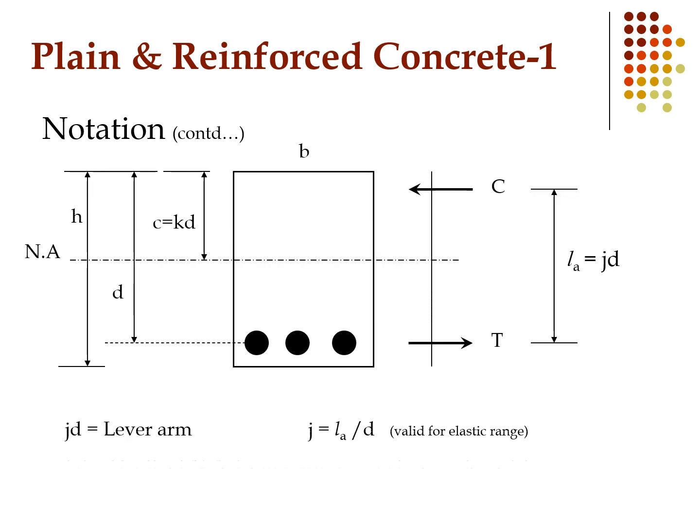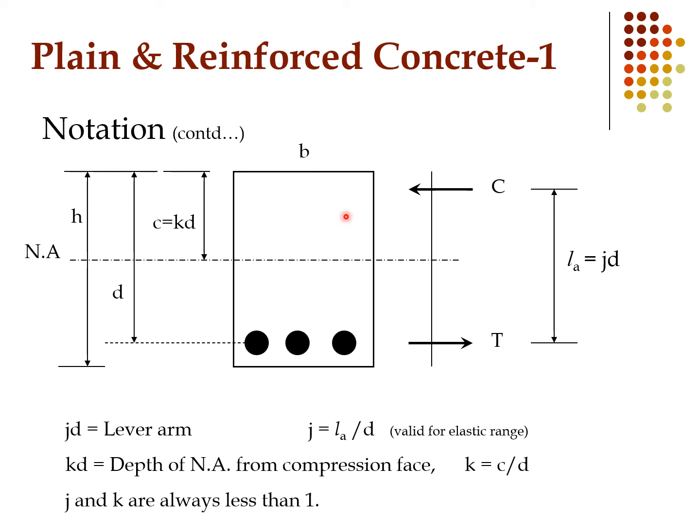Let's say we have a cross section of a beam. B is the width, h is the height. Again, d is the distance from the centroid of the reinforcement on the tension side to the top concrete surface. Now we have two different terms. One is small c, which equals kd, and small c is the distance from the neutral axis to the top concrete surface.